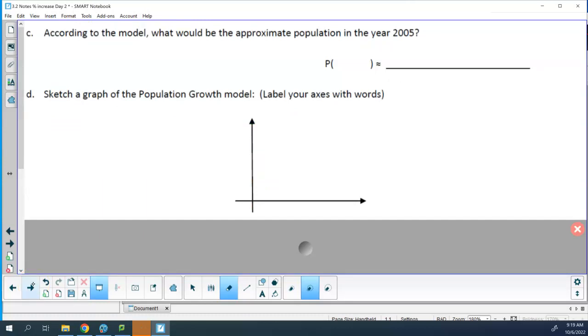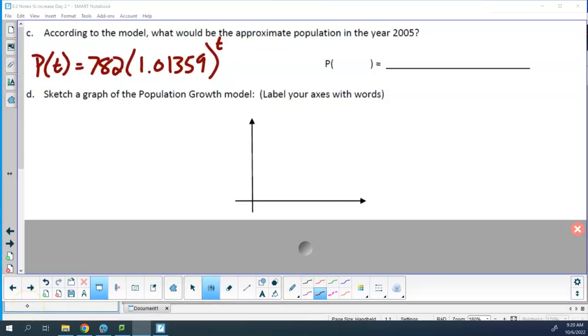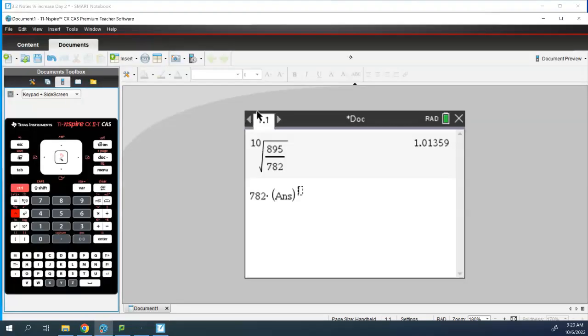According to the model, what would our approximate population be in the year 2005? Find that for me, please. What year is 2005? 15. So we need to find for year 15. If we do that, then we can plug in 15 there, and I get 957.483.